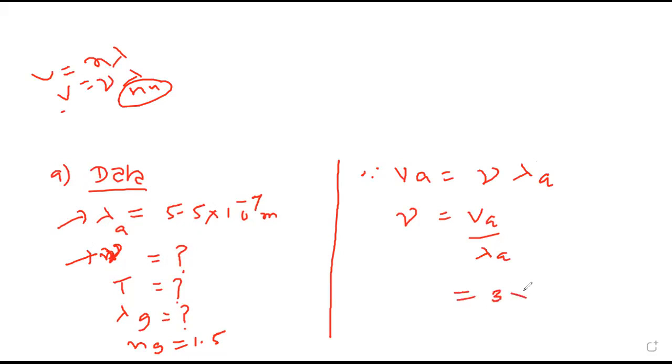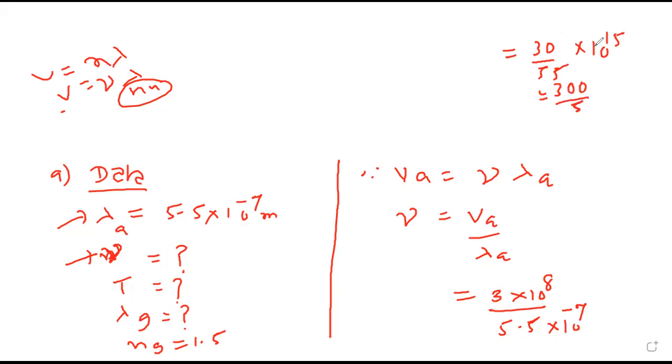V air is 3 into 10 raised to 8. Lambda air 5.5 into 10 raised to minus 7. That is equals to 30 upon 55 into 10 raised to 15, which is 300 upon 55 into 10 raised to 14 hertz.